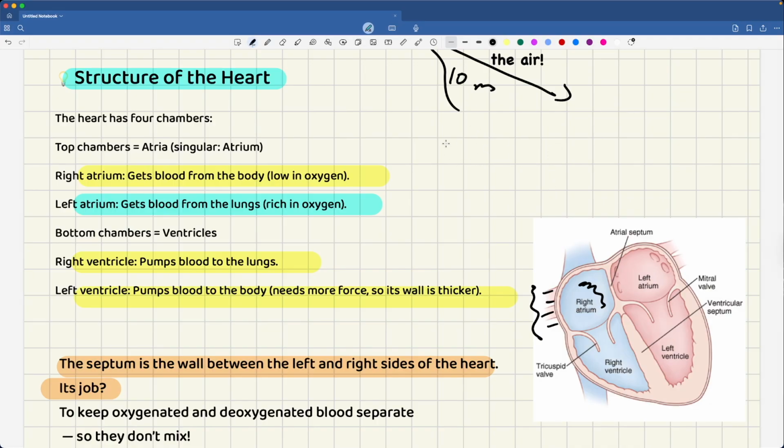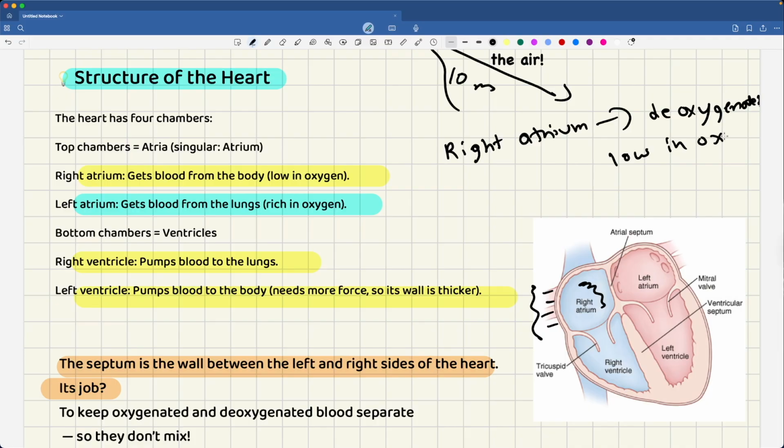So right atrium basically has deoxygenated, or low in oxygen blood, right?